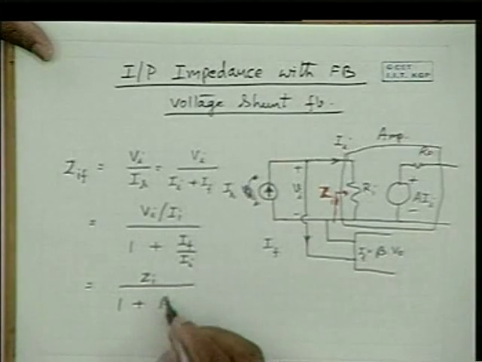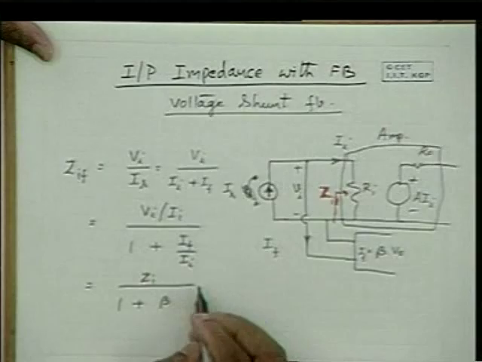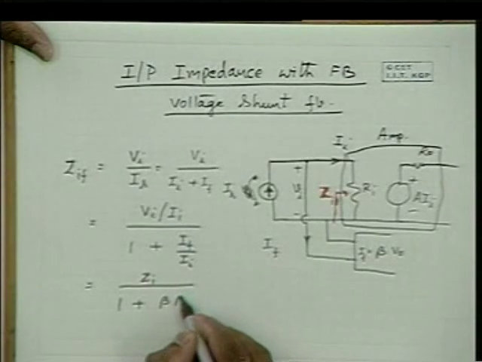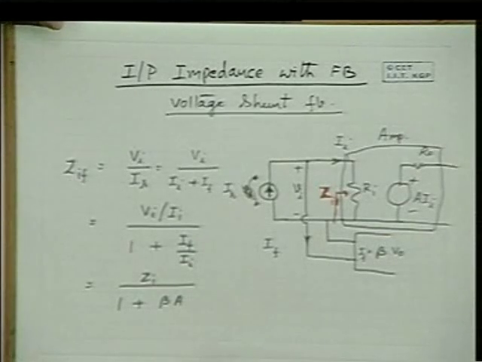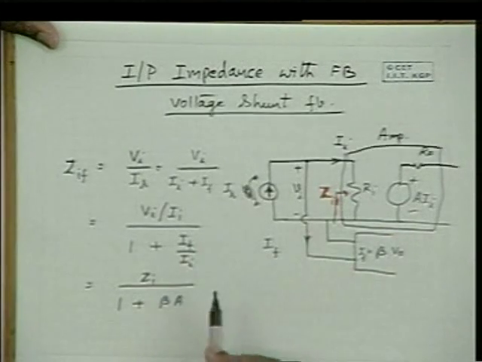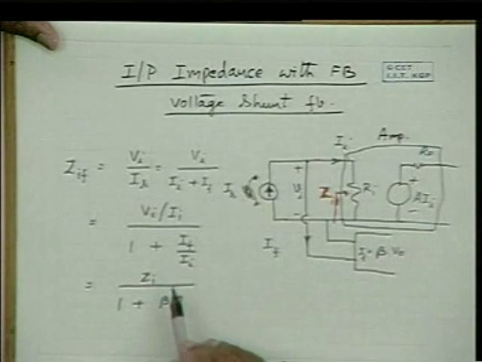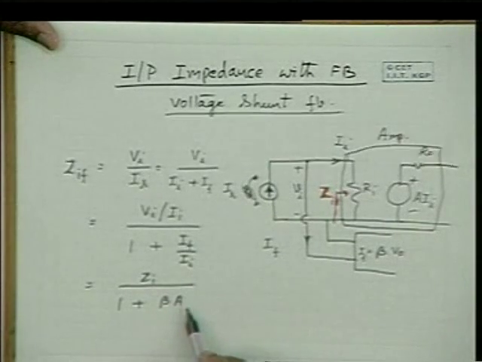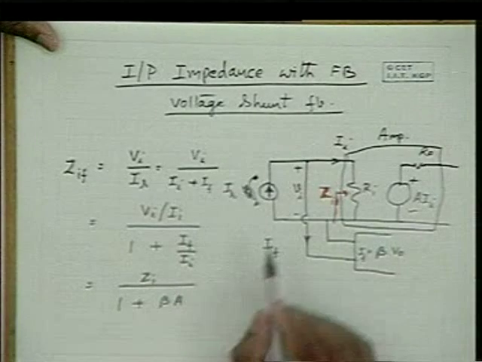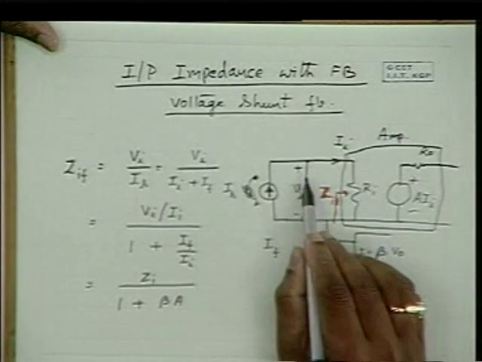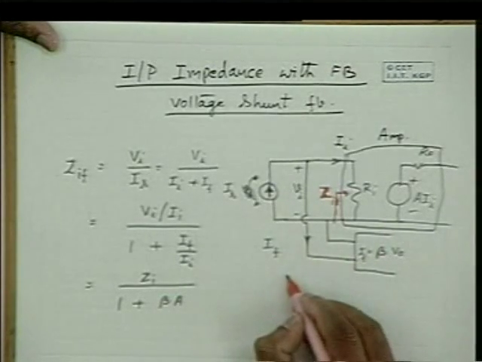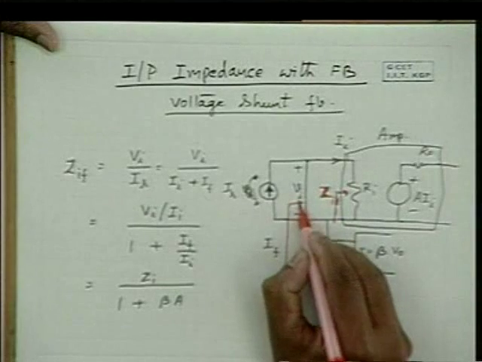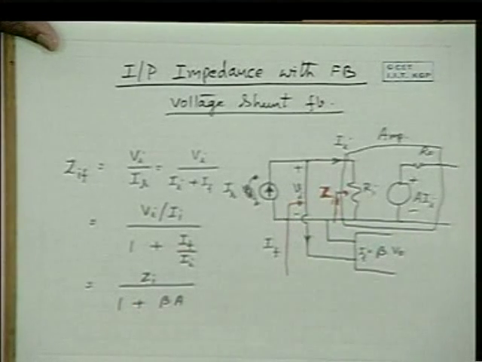Therefore, this is equal to Zi by 1 plus beta A. Ii gets cancelled. So it indicates that shunt feedback reduces the input impedance of an amplifier by 1 plus beta A times.